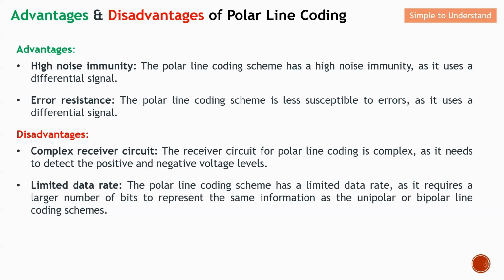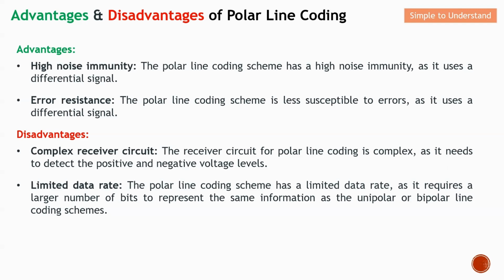The transition is mainly to synchronize the data, and because of this, we are going to have twice the bandwidth, and therefore a limited data rate. Let's say we are going to send the same information, then polar line coding requires 2 times the data rate as compared to the rest of the line coding.